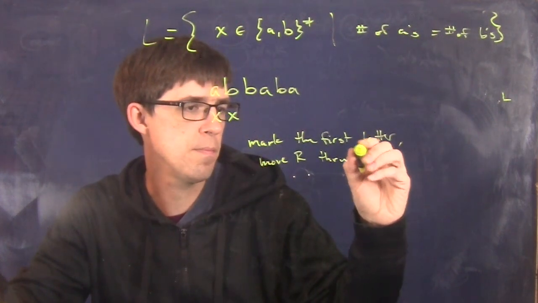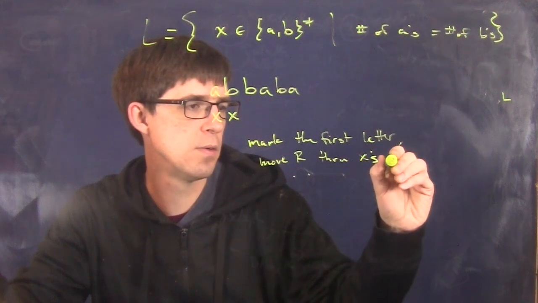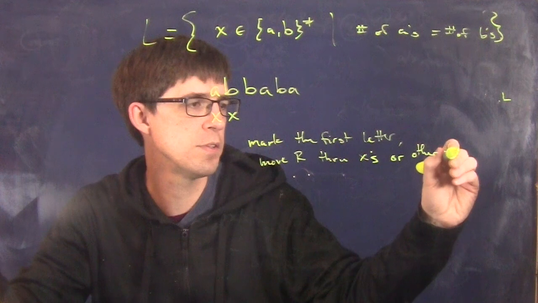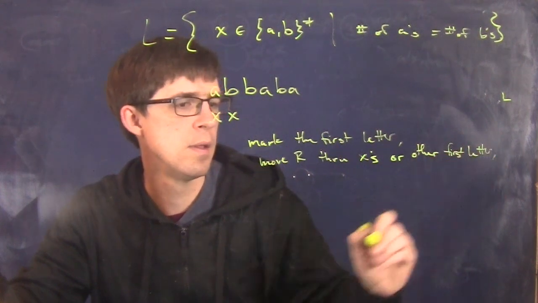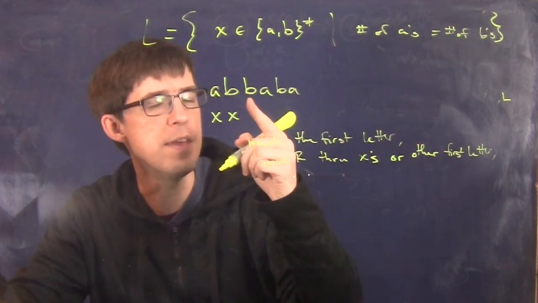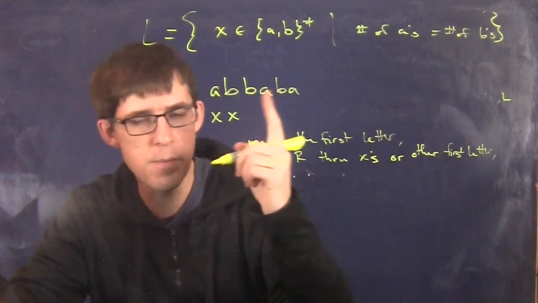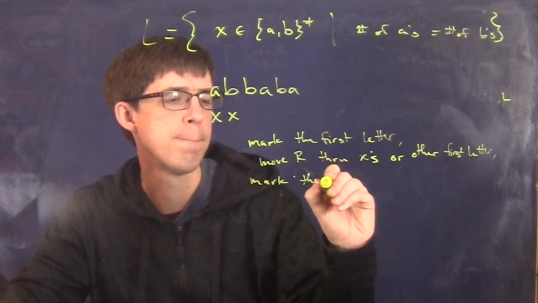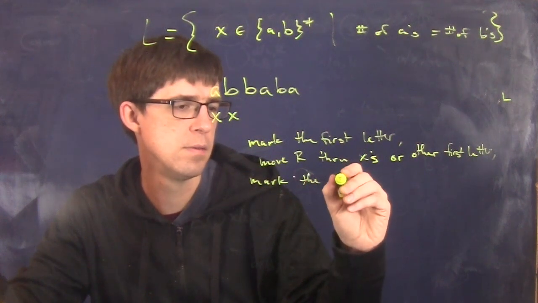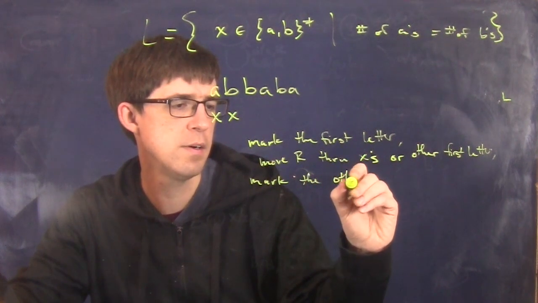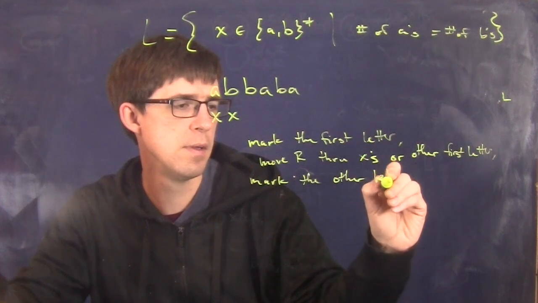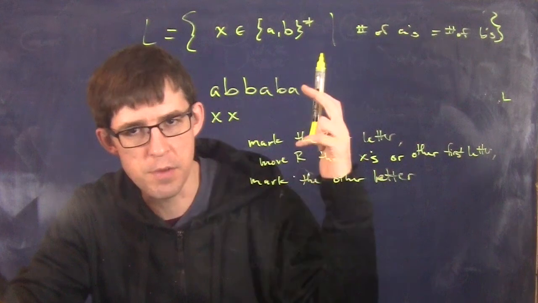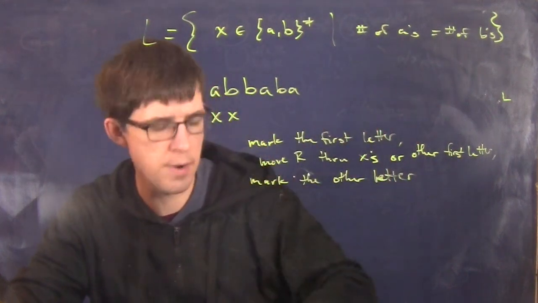So through X's or other of the first letter. And then when you find the opposite letter, if you started with an A, when you find a B is what you're looking for, then you mark the other letter. I hope you know what I mean. If you started by reading an A, the other letter is B. That's the one you're looking for to match up with the A that you just read.